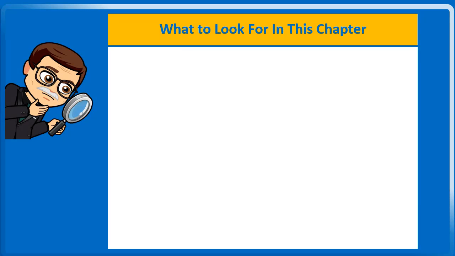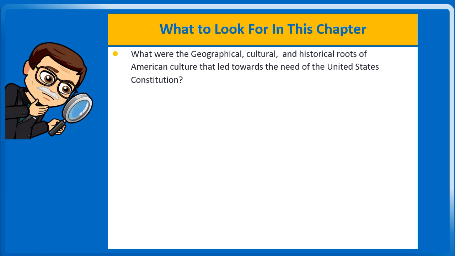Before we move forward into this chapter's modules, let's take a look at what you should be watching for in this chapter. First, ask yourself, what were the geographical, cultural, and historical roots of American politics that led towards the need for a constitution?